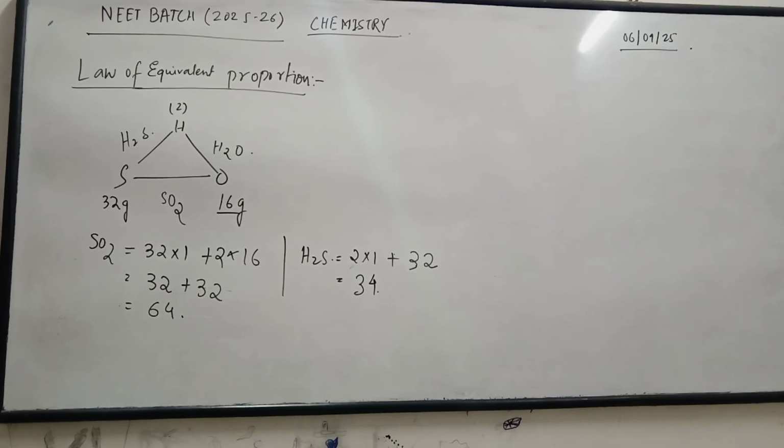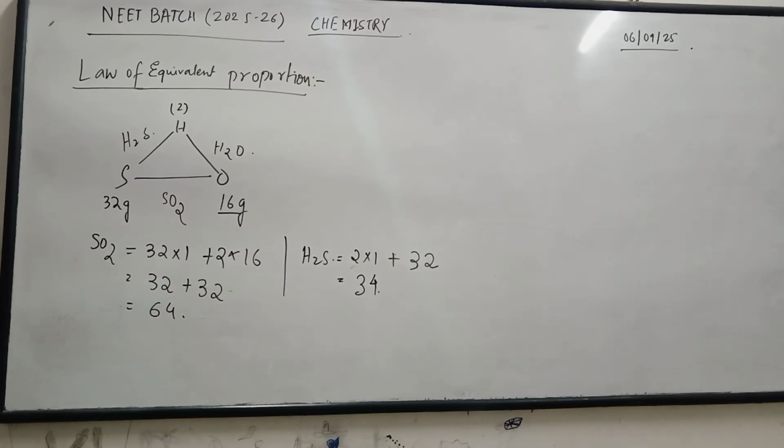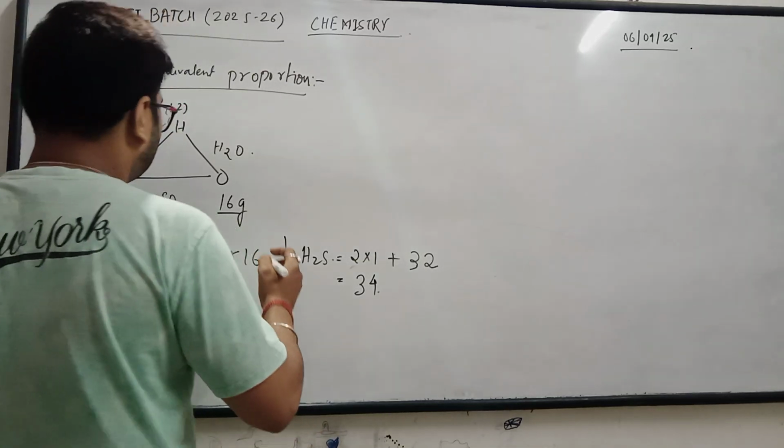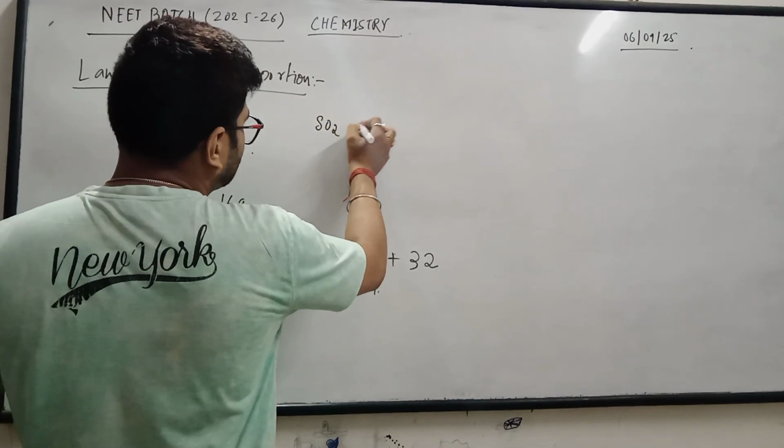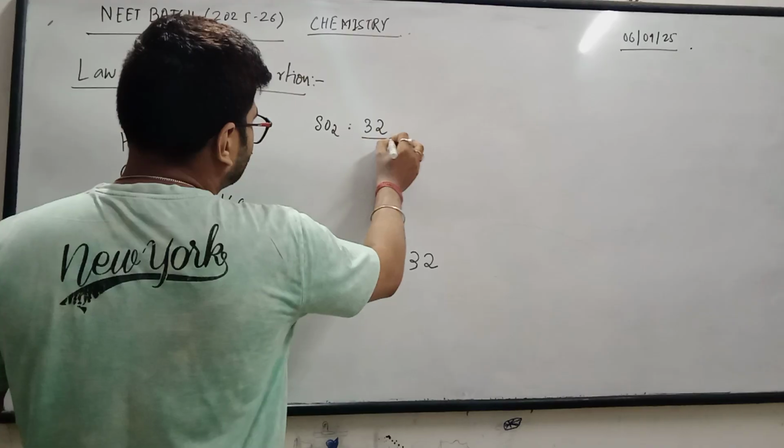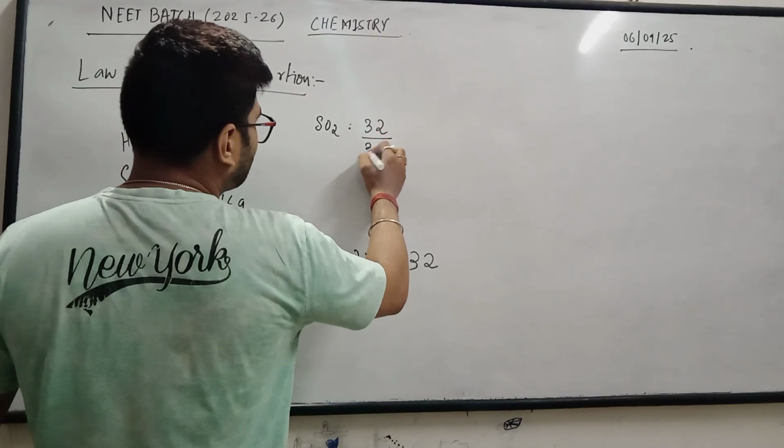Here if we find the ratio of these weights of these elements combining with 2 gram of hydrogen, for sulfur dioxide it is 32 gram by 32.